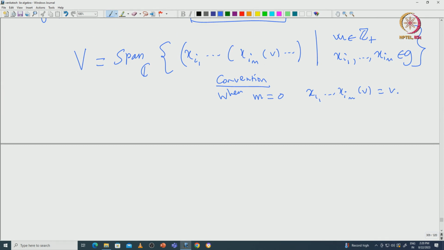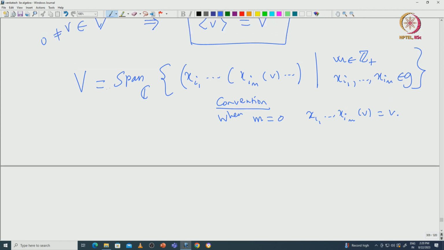Okay. So, I need to introduce that universal enveloping algebra and so on. We will do that in some other class. But it is now clear that to understand the finite dimensional irreducible representation of G, we need to understand the successive application of these elements of G on some single vector v.